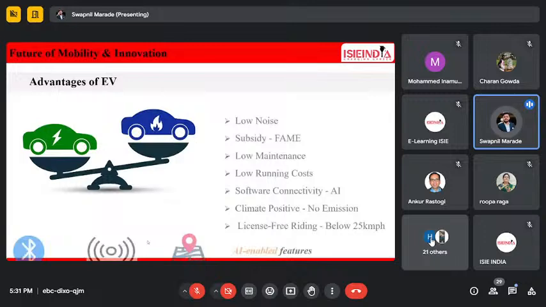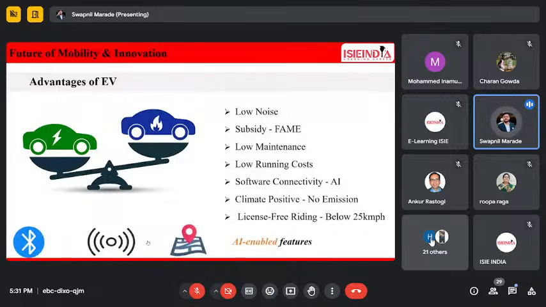Now we learn about the advantages of electric vehicles. There is low noise. Thereafter the subsidies, FAME 1 and FAME 2, we get the subsidies. Thereafter the low maintenance cost, as we can compare with IC engines, having a low maintenance vehicle. Thereafter the low running cost, same as compared to an IC engine.